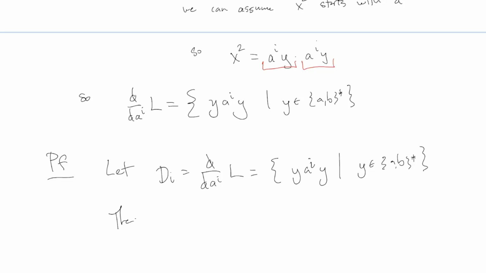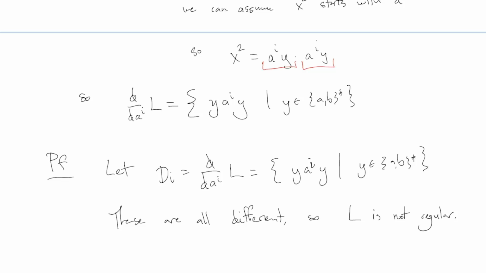But anyway, these are all different. So L is not regular. Any thoughts about that one? This is a somewhat strange example.